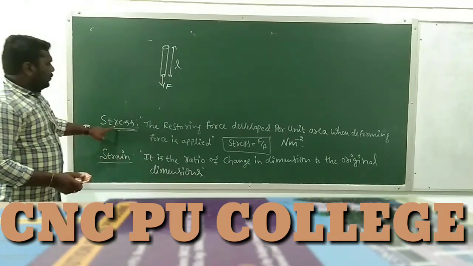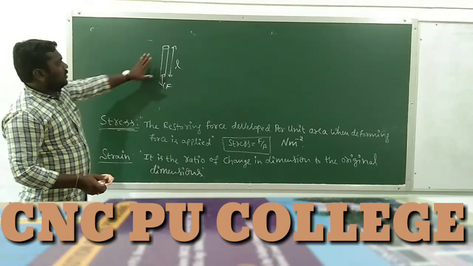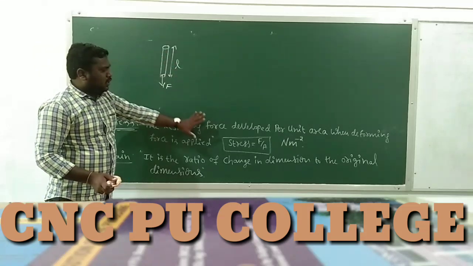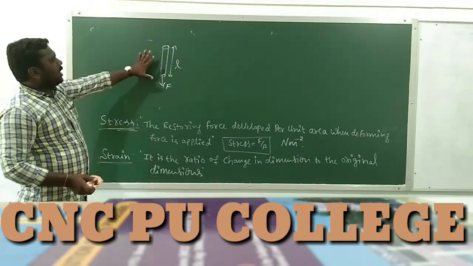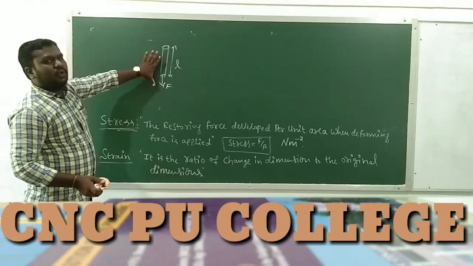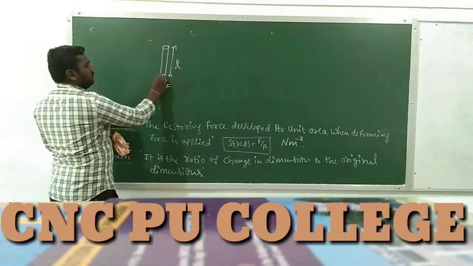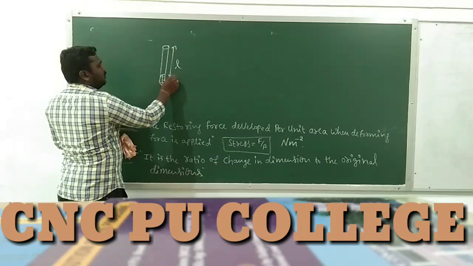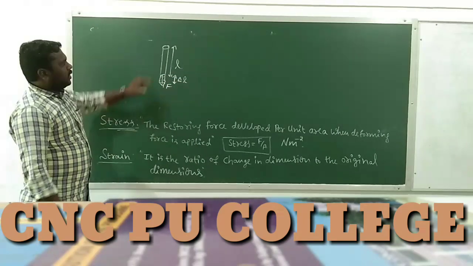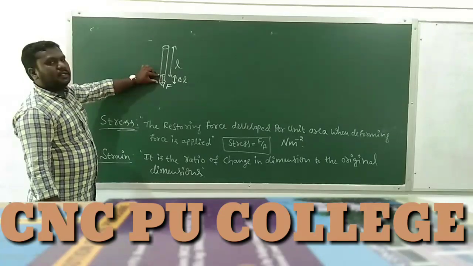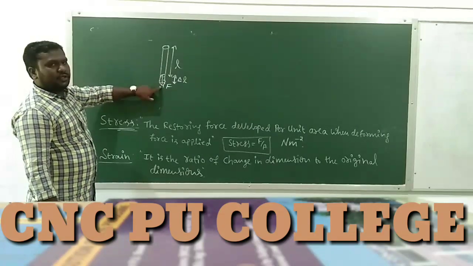If we want to measure stress, then we can think of the restoring force acting per unit area. Then what about strain? Here the dimension, let us consider the length, will change. The change in length here, let us consider as delta L. So L is the initial length, delta L is the change in length due to the applied external force.